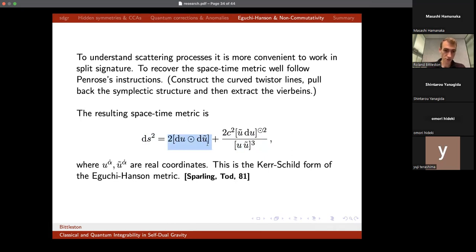And this first term is really just the flat metric written in split signature, plus, plus, minus, minus, written in terms of these funny coordinates. And then the entire deformation is captured by this term, which is very simple. And this form of the Eguchi-Hanson metric was first discovered by Sparling and Tod in some work they did related to twistor theory.